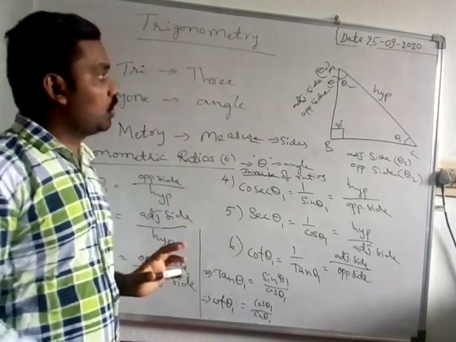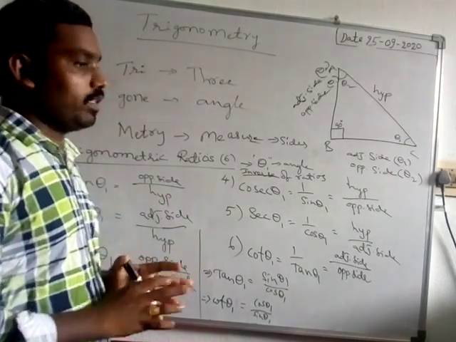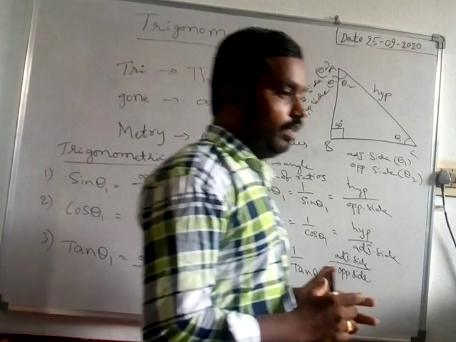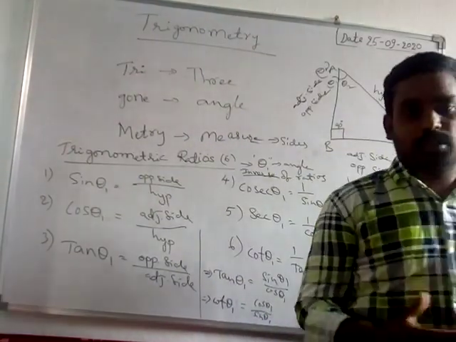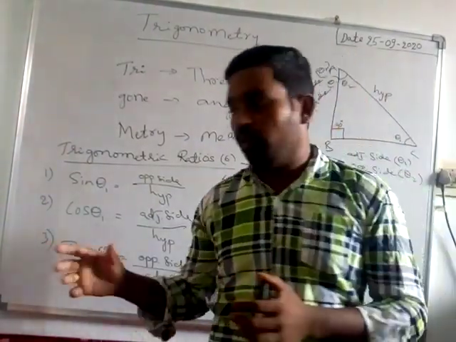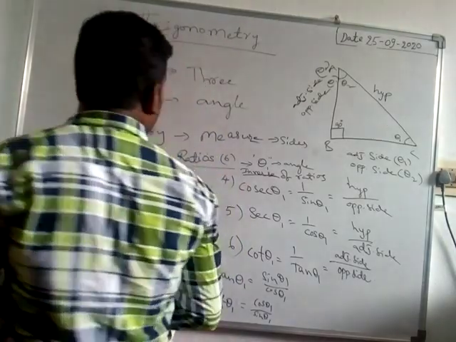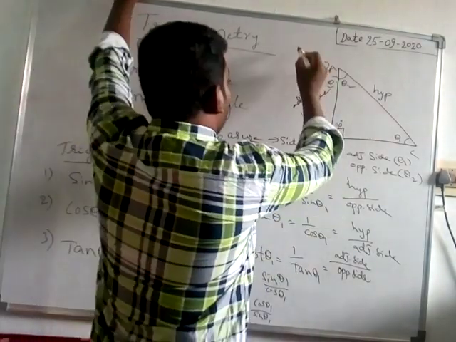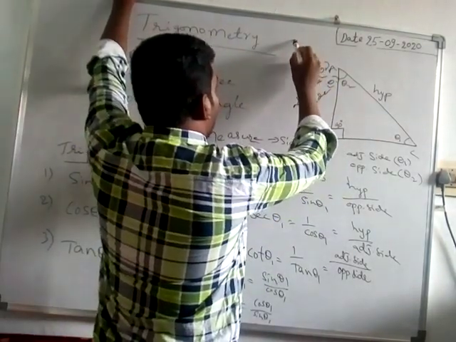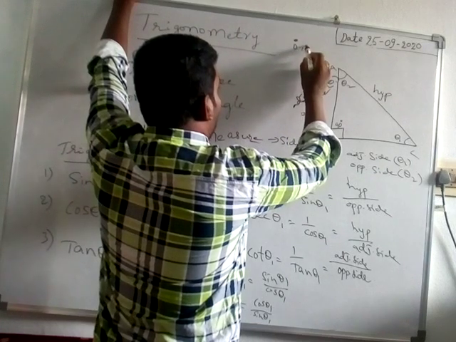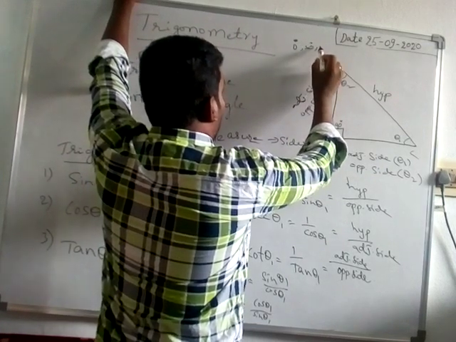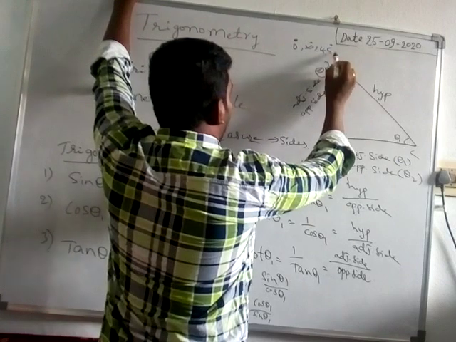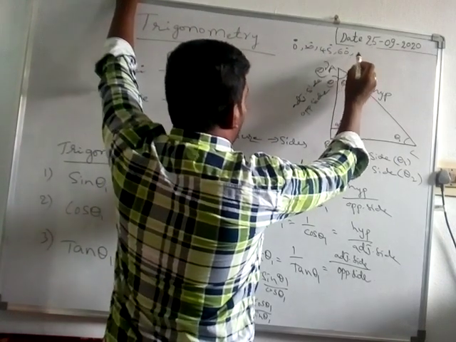After this, we are going to study how to remember the values of these trigonometric ratios. We know the basic angles: 0 degrees, 30 degrees, 45 degrees, 60 degrees, and 90 degrees.